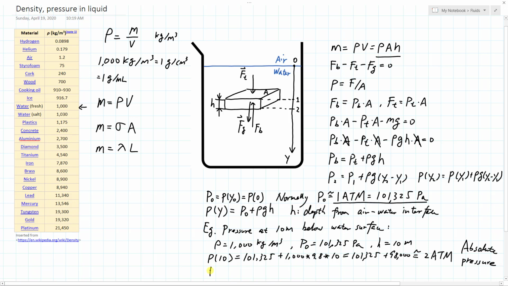And there's also this pressure, we'll put a G here, for gauge pressure, that is defined as absolute pressure minus the pressure at 0. So the gauge pressure at 10 meters deep is just the 2 atm minus the 1 atm at the surface. So this is 1 atm.